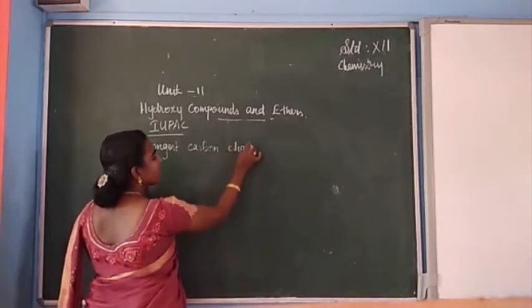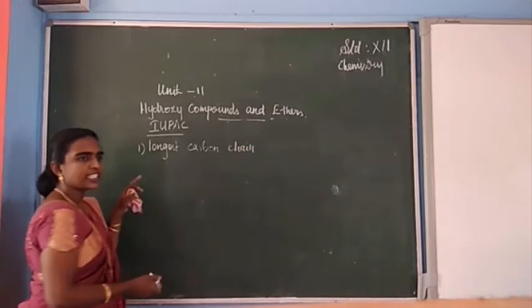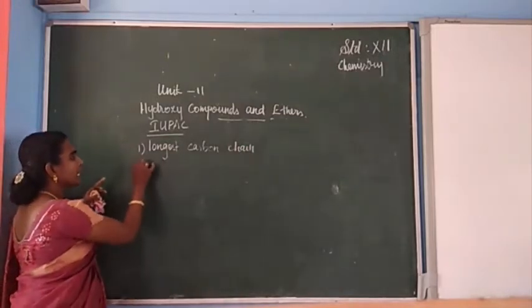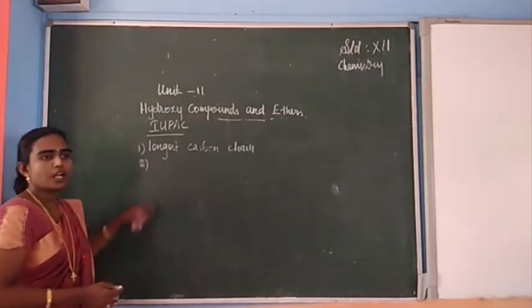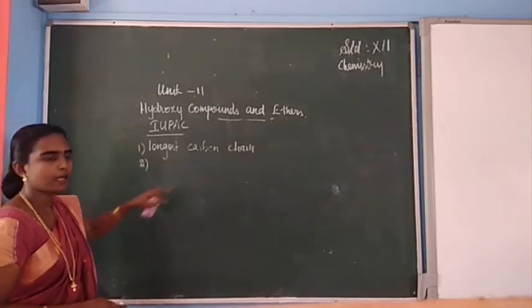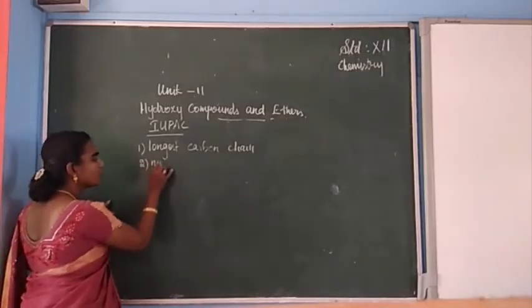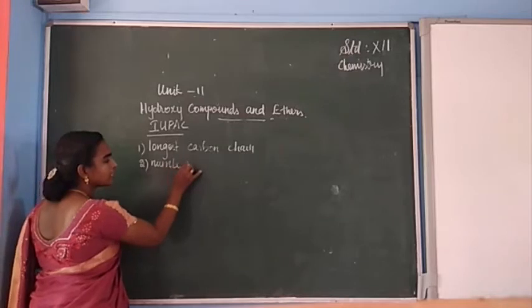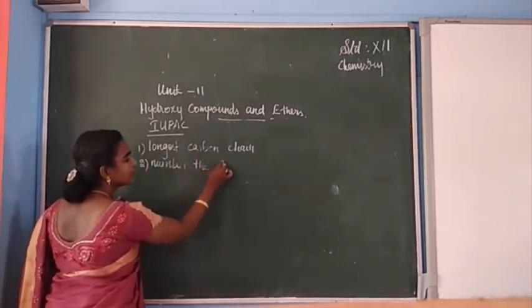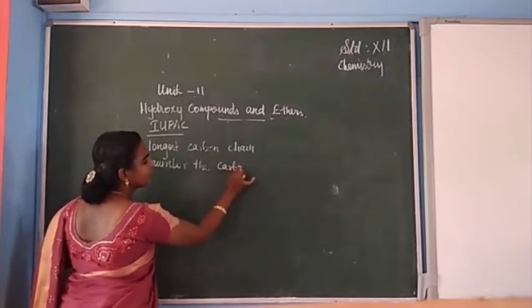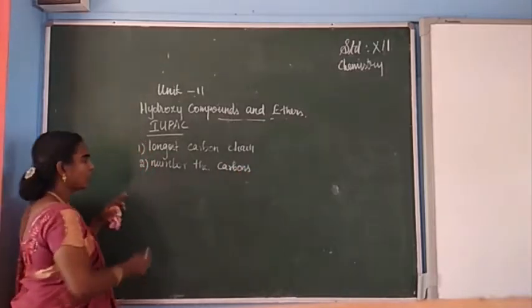After selecting this carbon chain, the next step for writing the IUPAC name is to number the carbons.